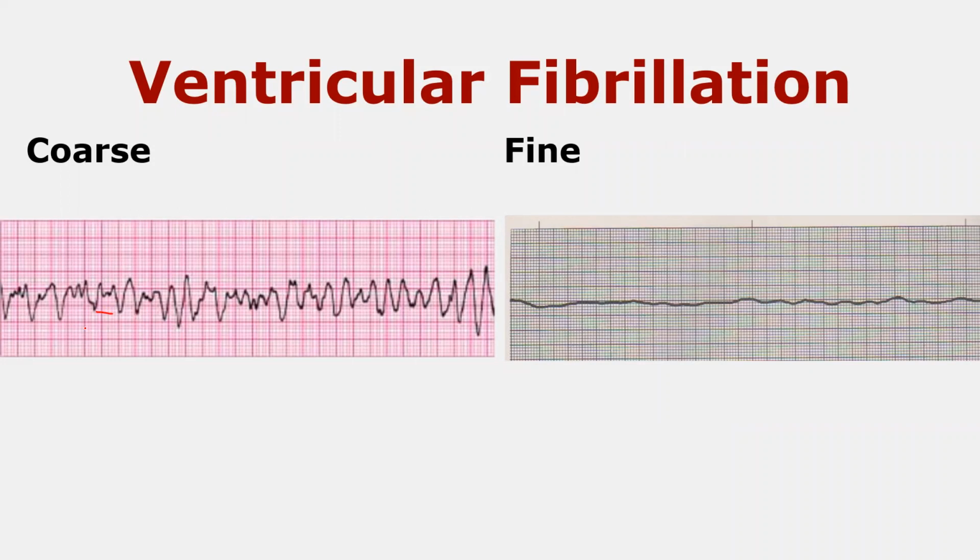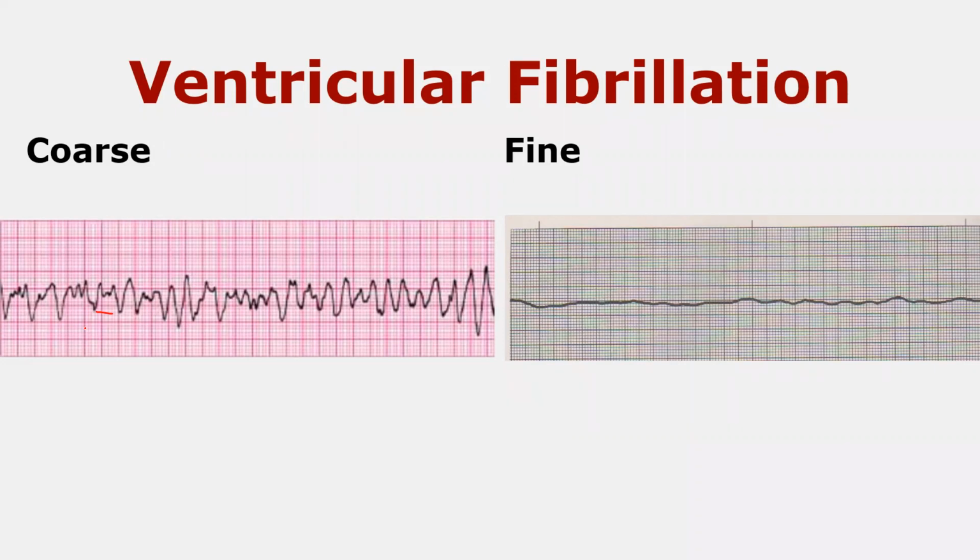Now, fine ventricular fibrillation is more dangerous than coarse ventricular fibrillation because there's less contractility of the myocardium, which therefore results in a smaller amplitude. There's also another implication over here.